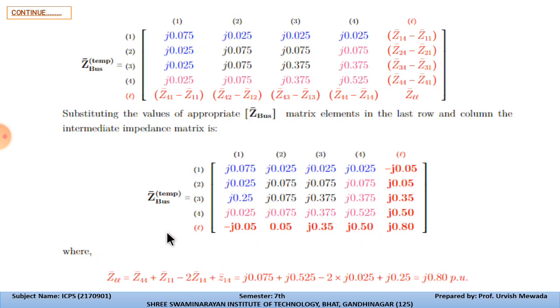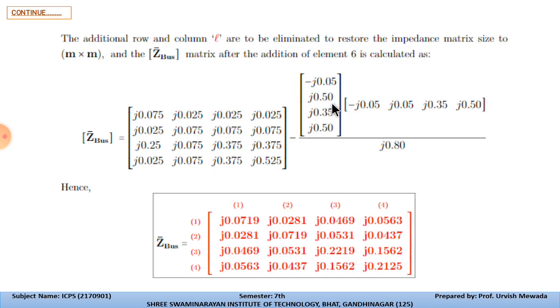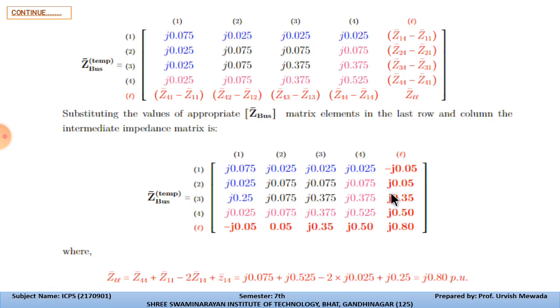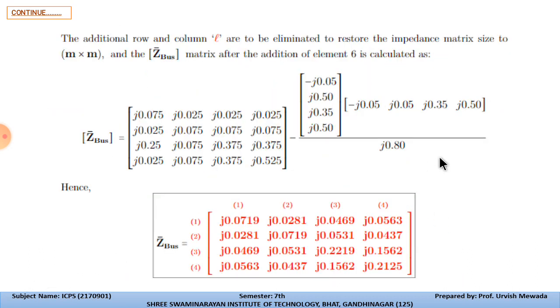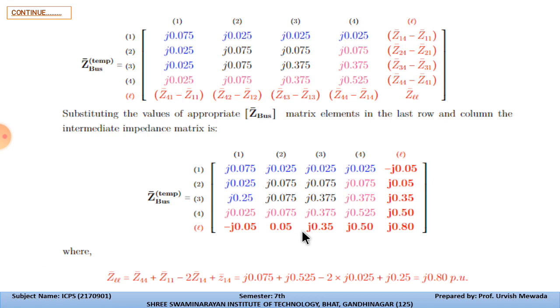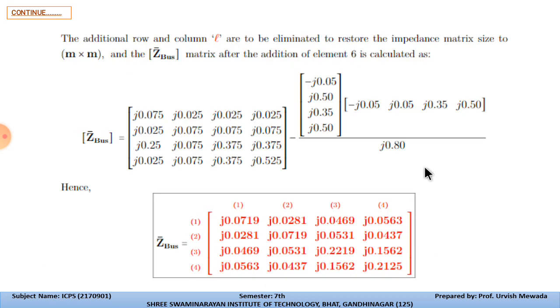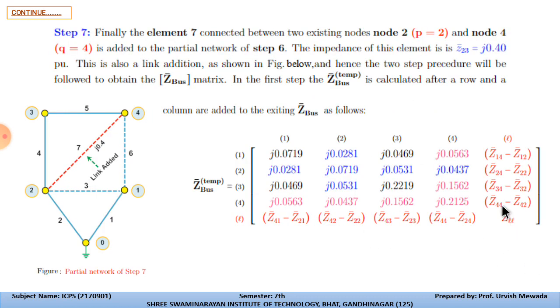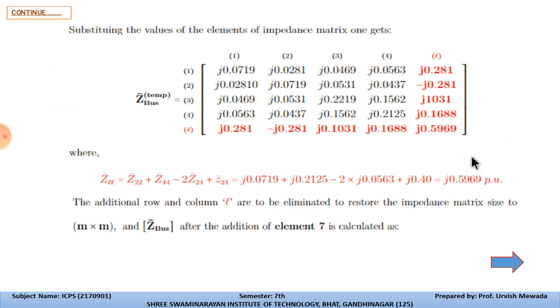This is the row from the previous case, and this is the column, divided by the value of ZLL which we calculated.